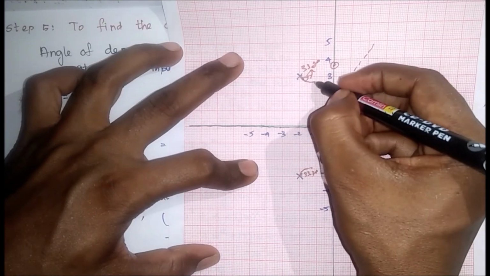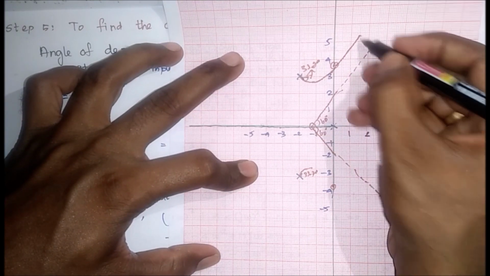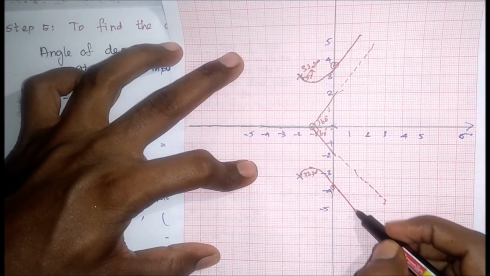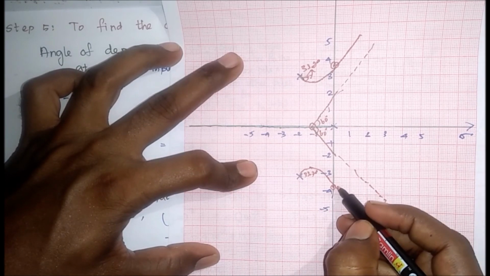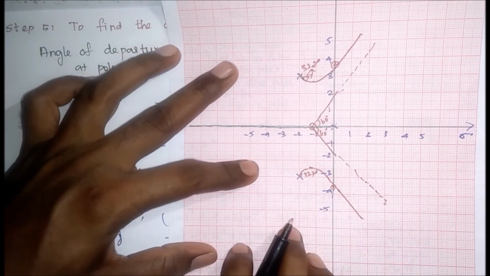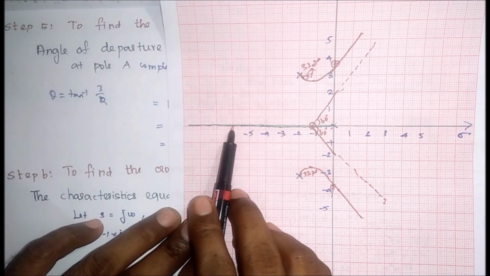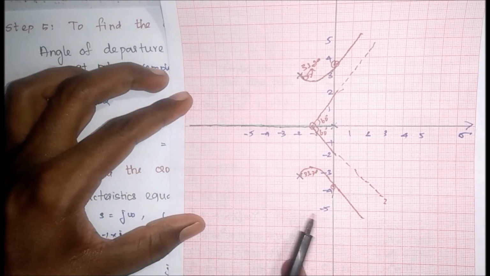Therefore it will go through this crossing point, parallel with this asymptote. Here this root locus branch will also go parallel with the asymptote at the crossing point minus 3.6. According to the given problem, there are 3 root loci: 1, 2, 3. So this is the final root locus for the given problem.